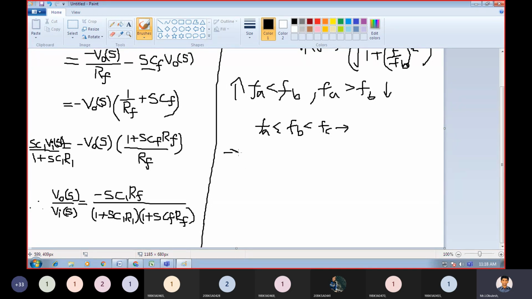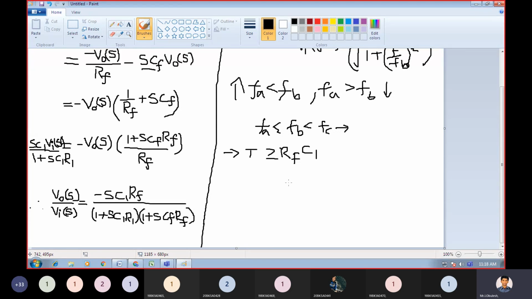The first one is that T is greater than or equal to RF C1. For a good differentiator, one must ensure that T is greater than or equal to RF into C1.